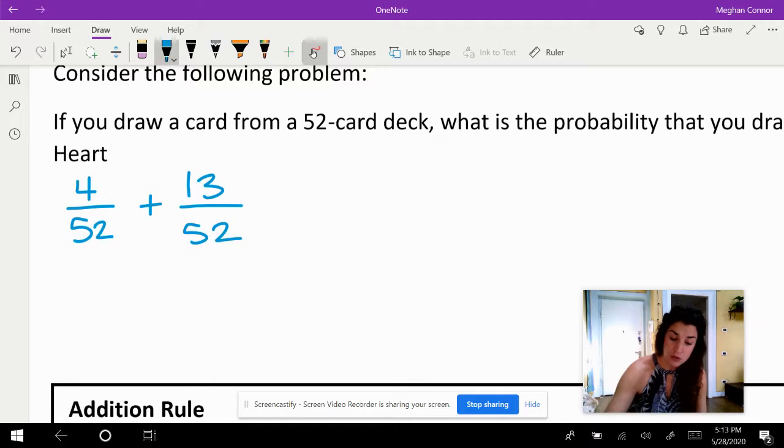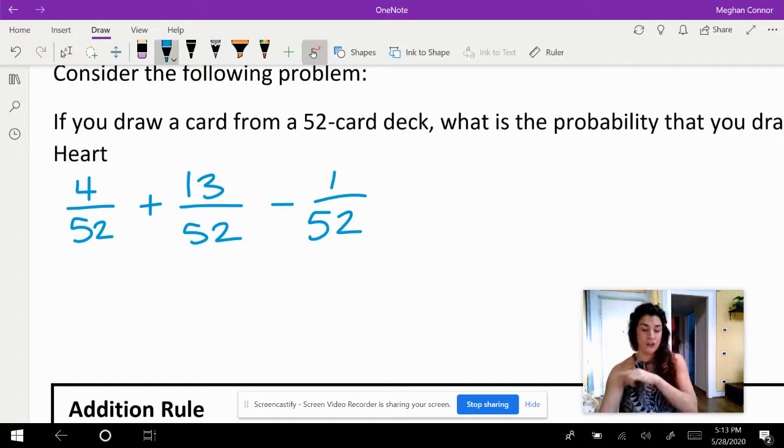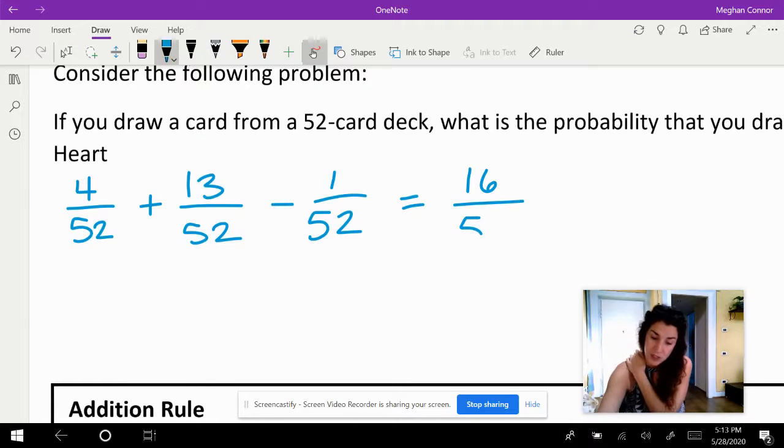So then what you do is you subtract out the one card that is both a king and a heart. So these are all the total number of cards that you could pull in the deck that fit those parameters, and how we talk about that is adding them together. Okay, so then 4 plus 13, 17, minus 1 is 16 out of 52. We don't have to simplify that down.